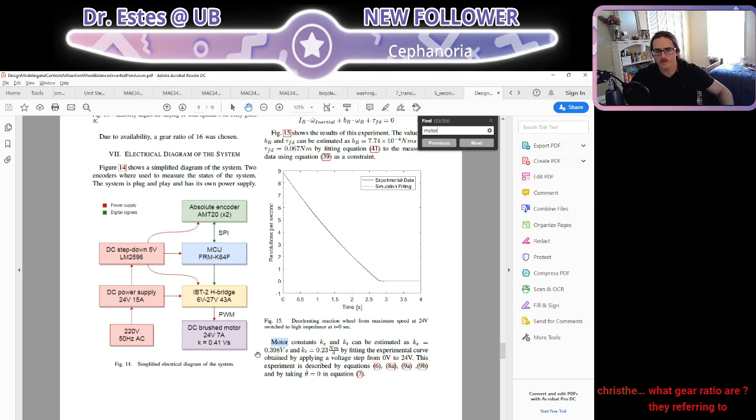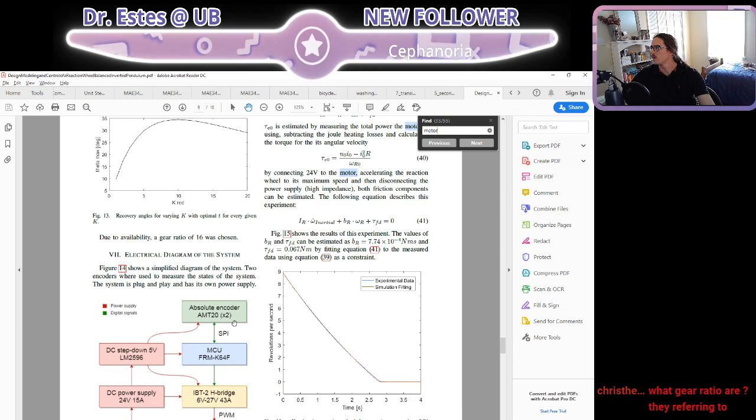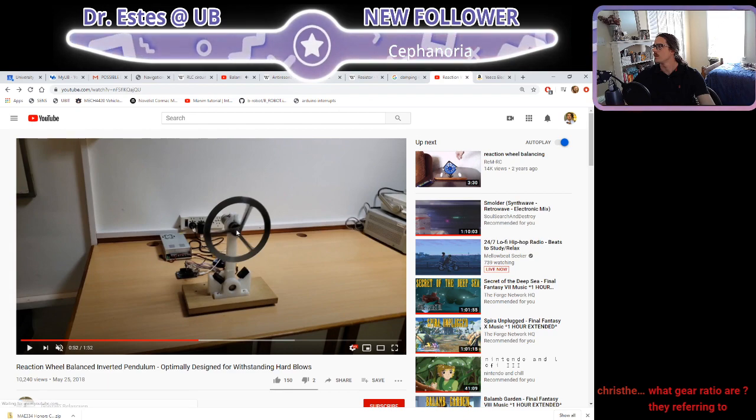What gear ratio are they referring to? I think it's from the motor output shaft to the shaft that goes to the reaction wheel.